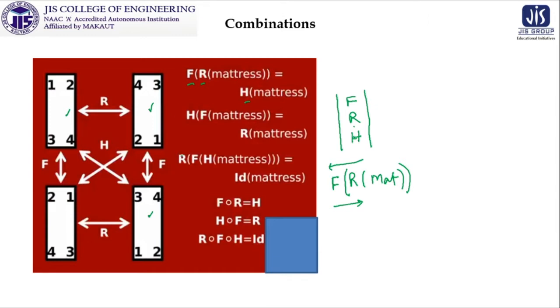Similarly, if you take three operations, first rotation, then flipping, then head to toe, what do you get? The matrix is the same as it was, so identity. So if I write rotation, then flipping, then rotation, then flipping, I write it this way: rotation of the matrix, then flipping, then another rotation, and then flipping.